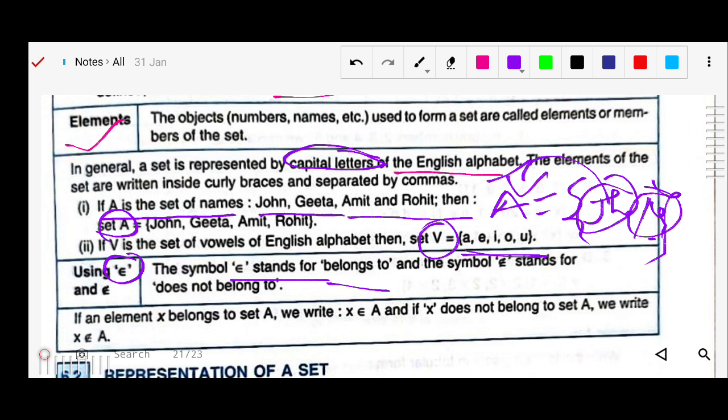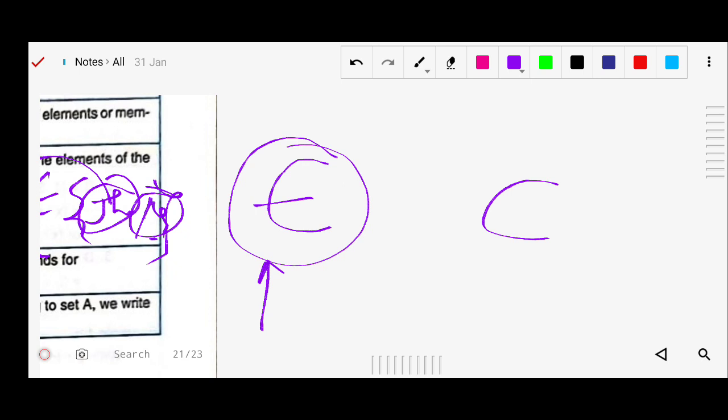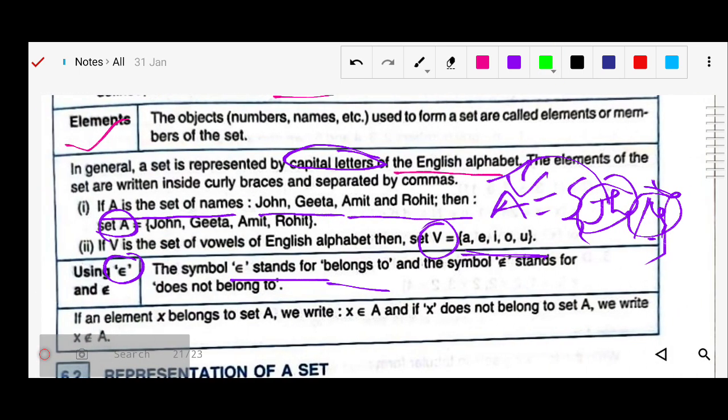And if there is a little cross over the epsilon sign, this kind of sign is called does not belong to. So if an element X belongs to set A, we write X belongs to A. If X does not belong to A, we write X does not belong to A.